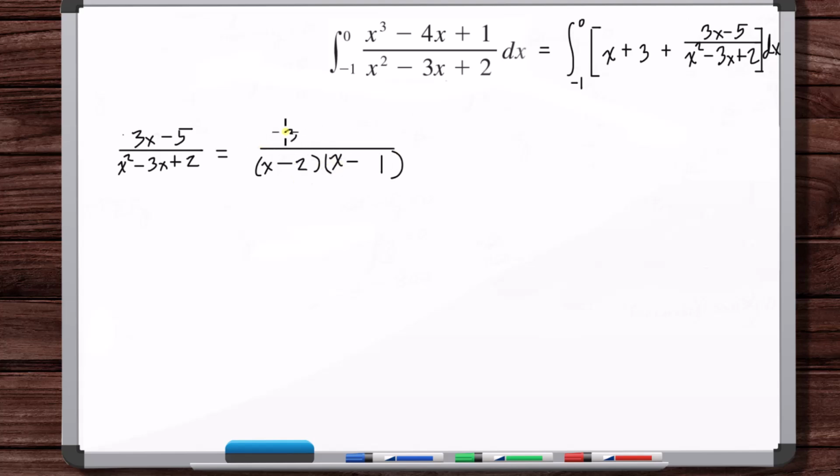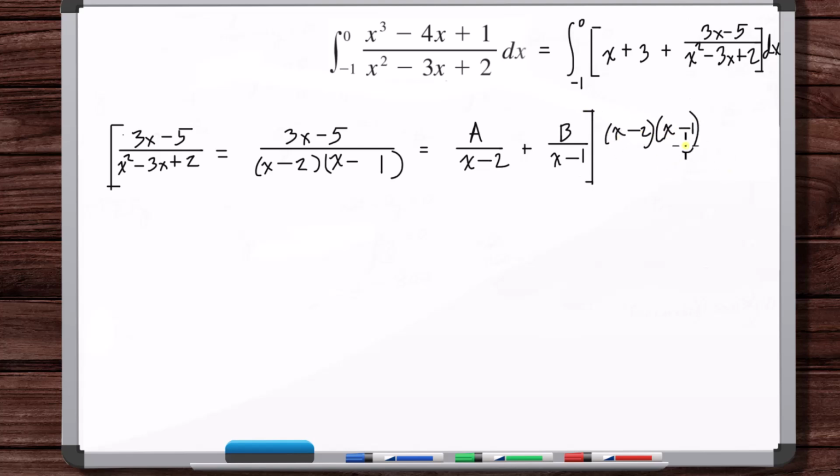Now we want to write the form of the decomposition. We've got two linear factors raised to the first power. That's the form. So now let's clear the fractions, multiply by the least common denominator.